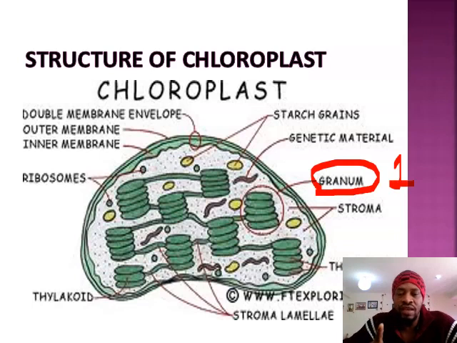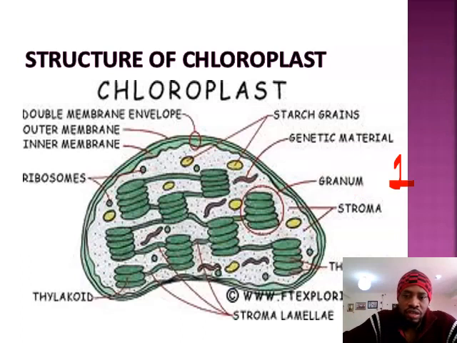There's that G there. The G part for me represents also G for granum. That's why I think of light, G, granum. Then I know that the light phase occurs inside the granum of the chloroplast because that's where the chlorophyll which is going to trap light is found.